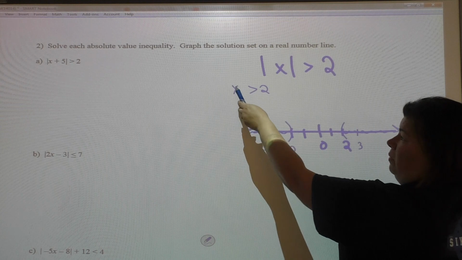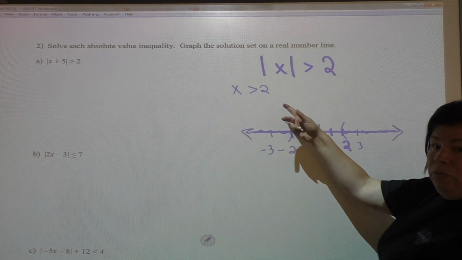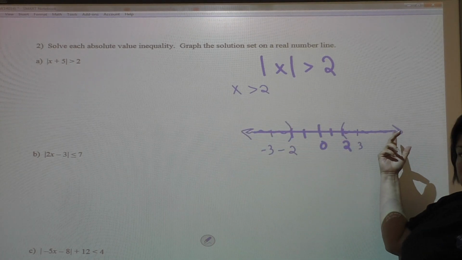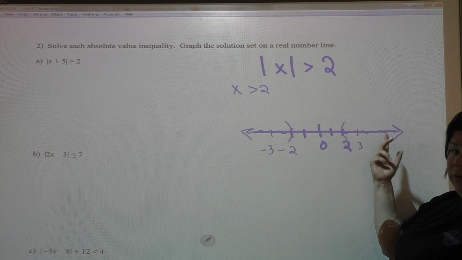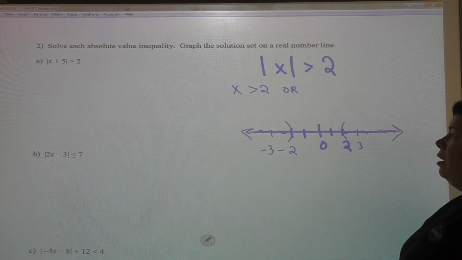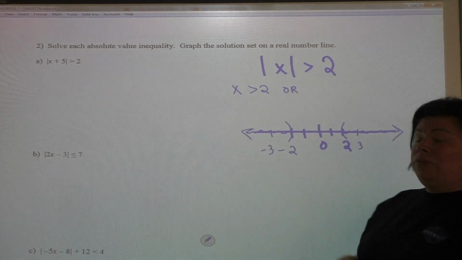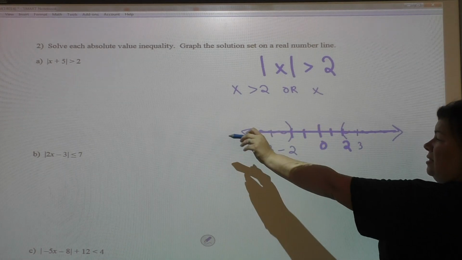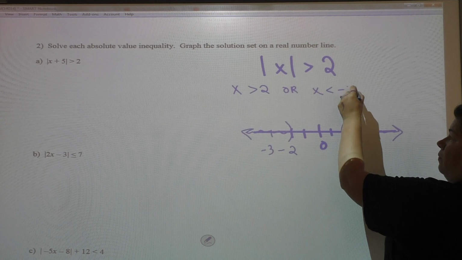My solution would be x is greater than 2, all values of x greater than 2, or all of my x values which are less than negative 2.